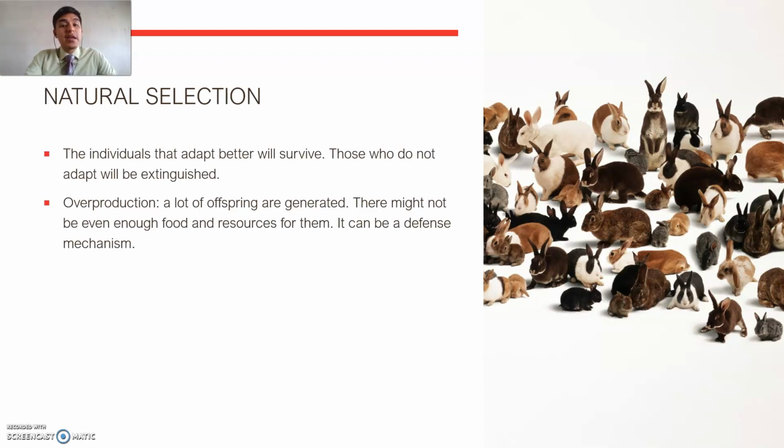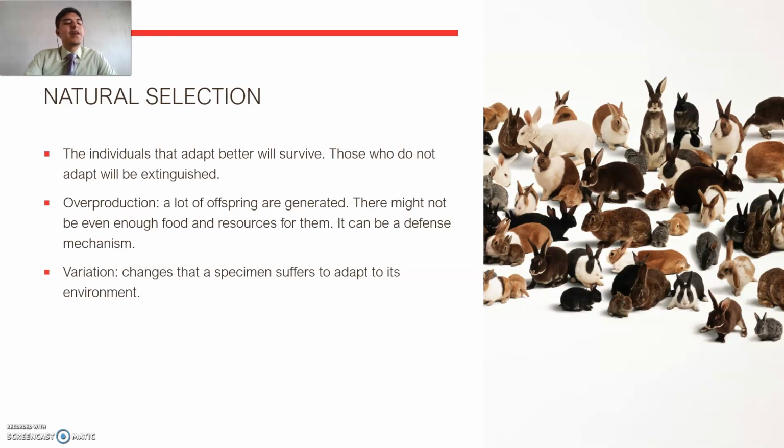But since there were too many of them, the surviving specimens would continue reproducing. And that's basically a defense mechanism. Probably they cannot protect against the predators, but they can overproduce offspring in order not to be extinguished.